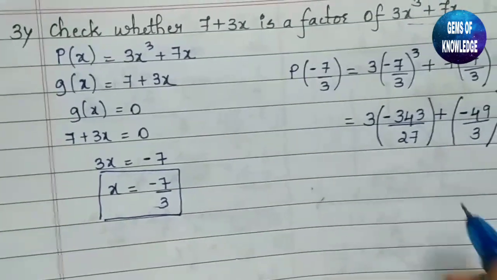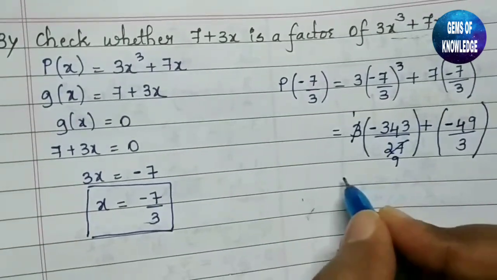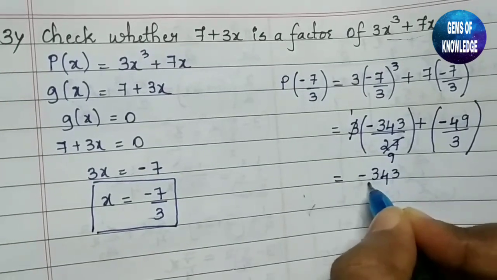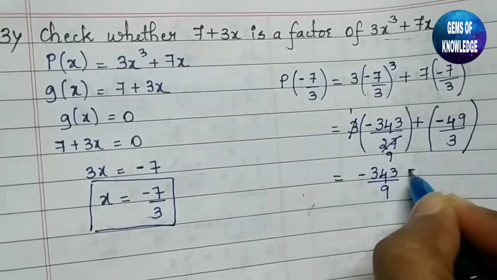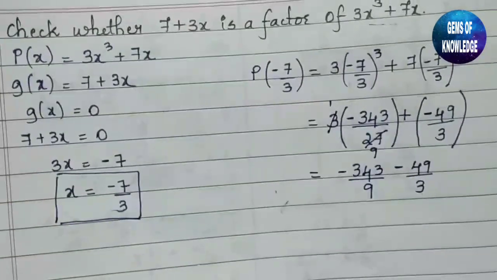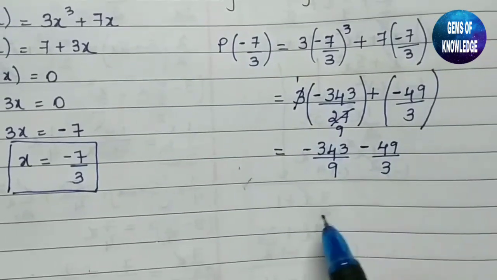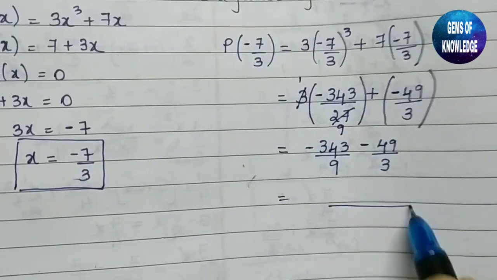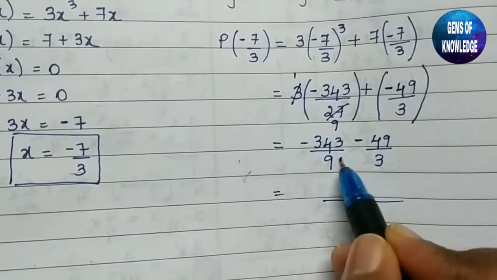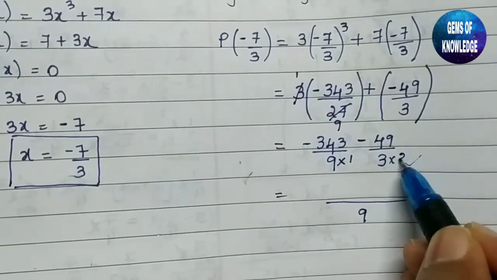So here we are getting minus 343 divided by 9 minus 49 by 3. Next, when we take the LCM of 3 and 9, we are getting the answer as 9. So this is 9 1s are 9, it is already, and this 3, 3 3s are 9.